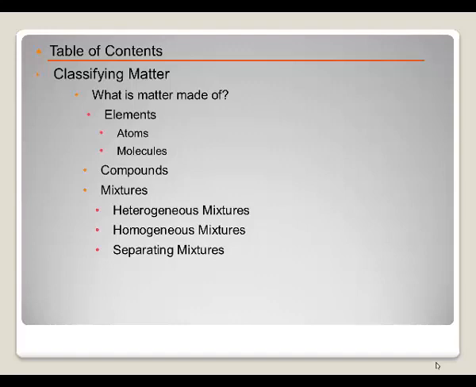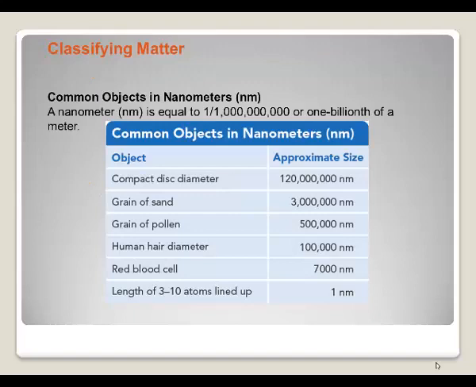We'll talk about compounds. And we'll also look at a number of different mixtures and then how we separate mixtures. So classifying matter, one thing for us to take into consideration is that when we're measuring matter or elements specifically, when we're looking at the atoms of those elements, we have to find a very, very small unit of measure.